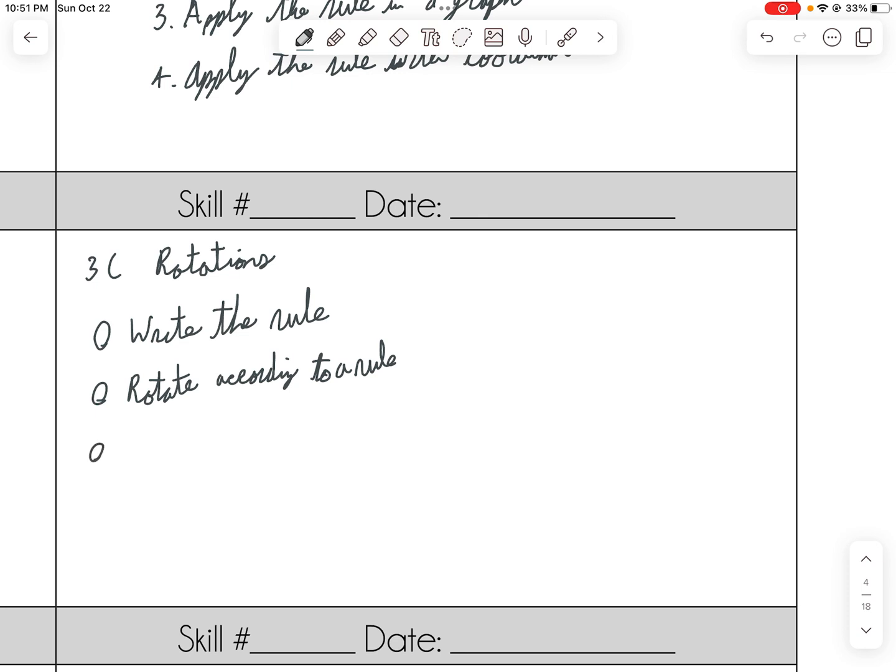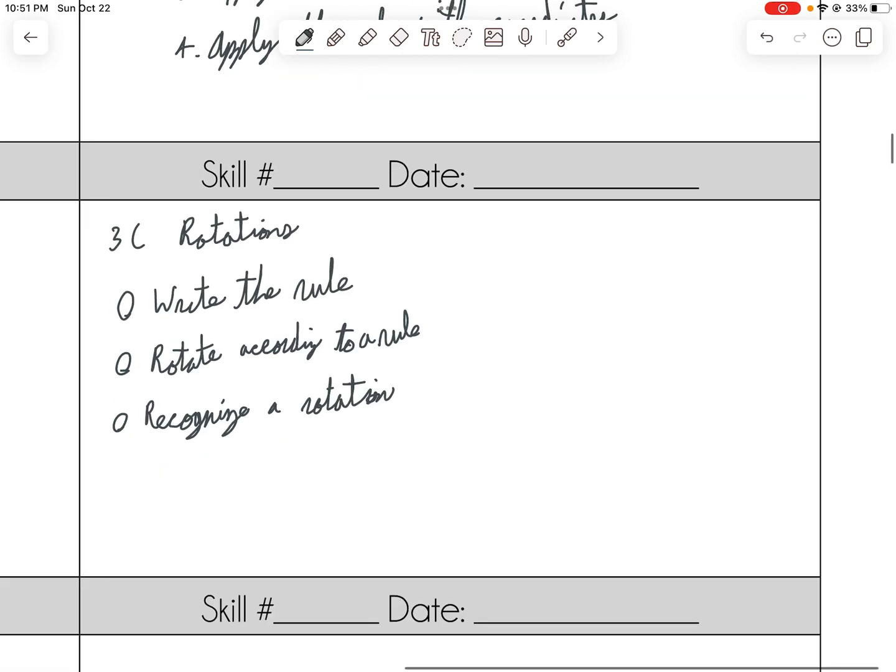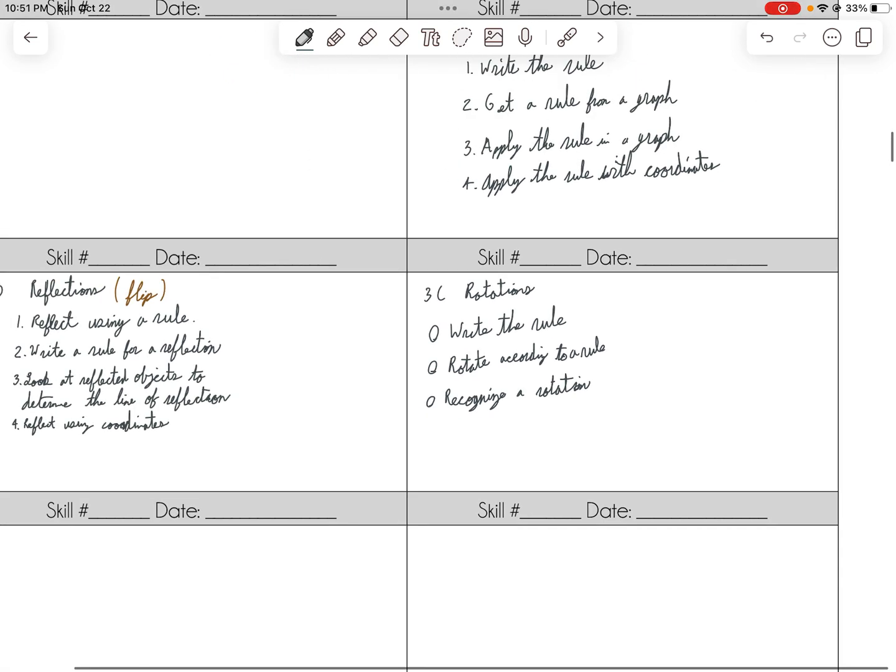And then you need to be able to recognize the details of a rotation. You've got to be able to do those three things: write the rule, rotate according to the rule, and be able to recognize it.